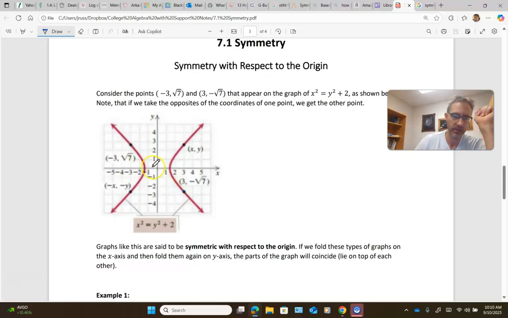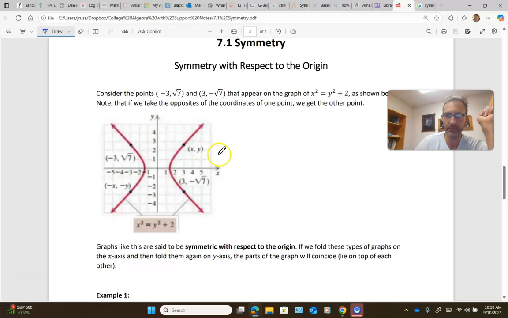And so here's an example right here. This point, its x-coordinate is -3 and its y-coordinate is the square root of 7. Its corresponding or symmetrical point is down here. And notice, now the x-coordinate is +3 and the y-coordinate is negative square root of 7.